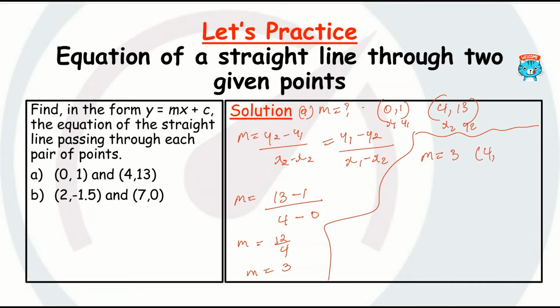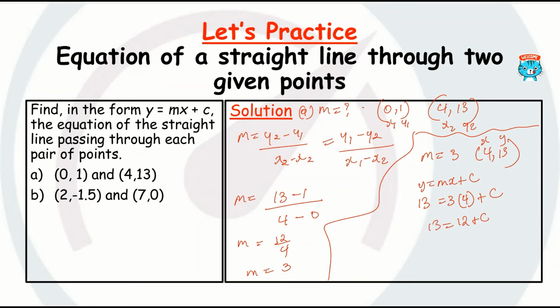So we have y equals mx plus c. Here y is 13, m is 3, x is 4, plus c. So 3 fours, 12, plus c, and we have our 13.